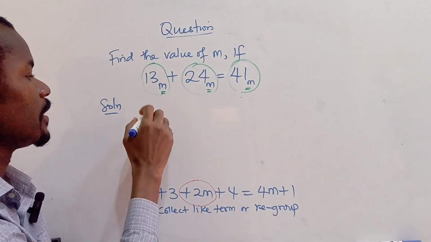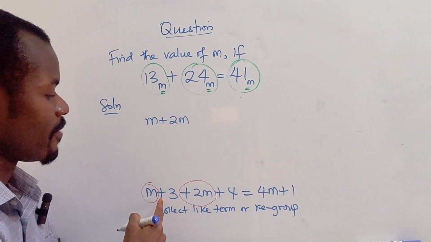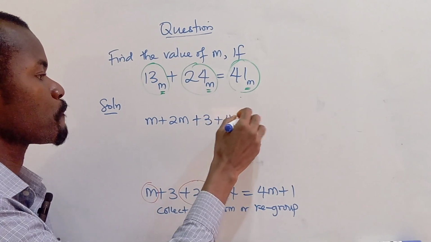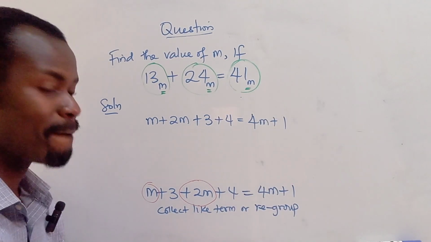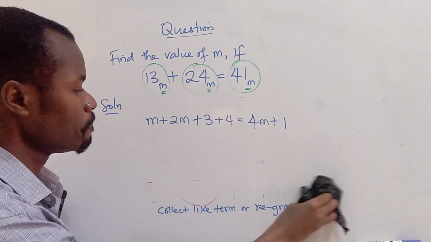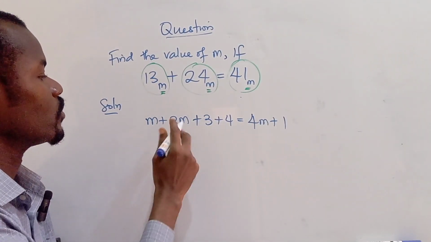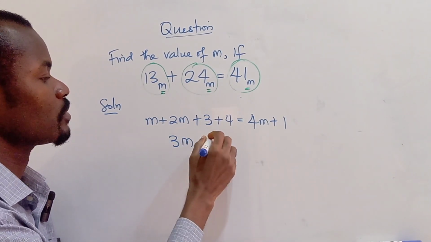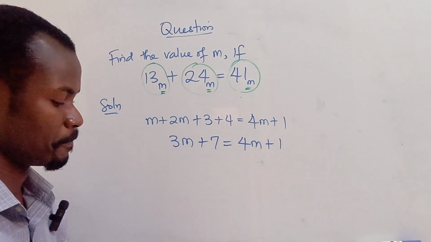So I have n plus 2n, plus 3 and plus 4, is equal to 4n plus 1. Let's see what that gives us. n plus 2n is going to give us 3n, plus 3 plus 4 is going to give us plus 7, which is equal to 4n plus 1.